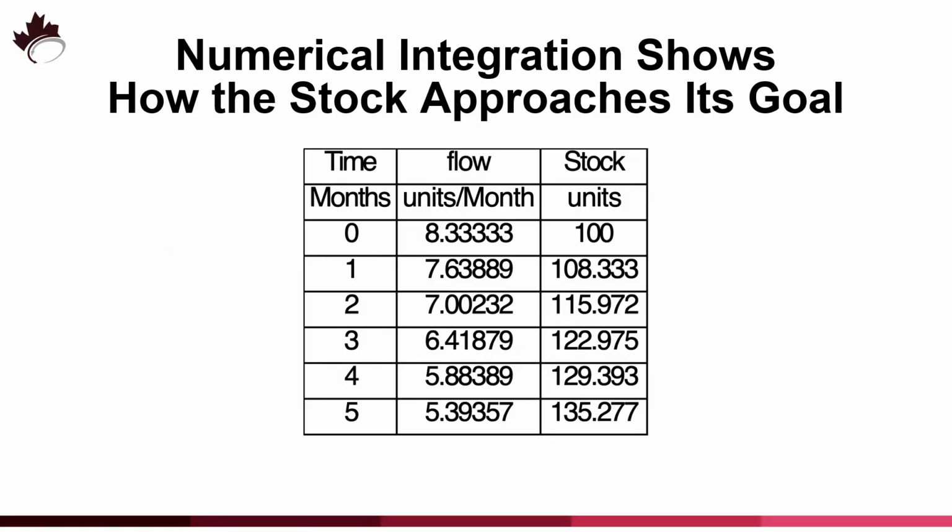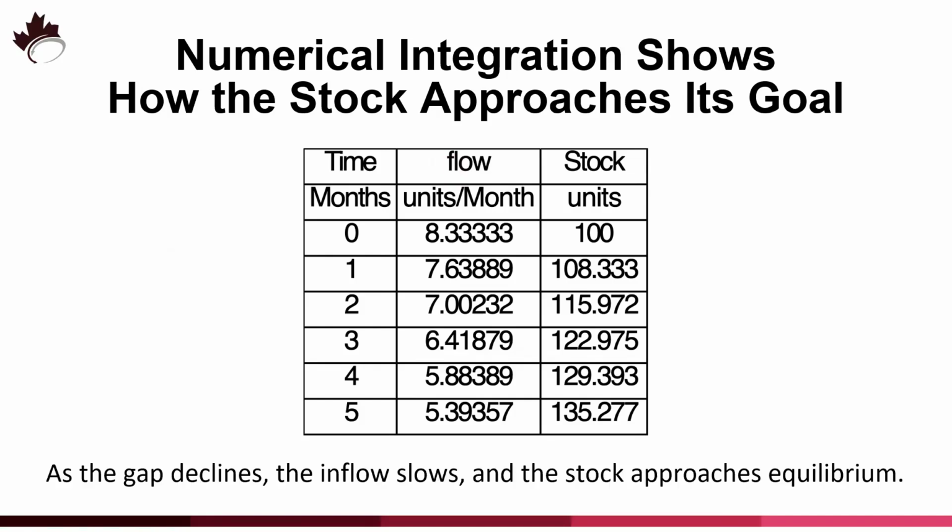Then we calculate the next time step, which has a flow, and add that to the stock. Basically, the stock value at any point in time is the previous stock value plus the inflows minus the outflows times the time step. In this case, we have only one inflow. So we have a stock level, and we add the flow level from the previous time step, multiplied by 1 because it's a 1-month time step.